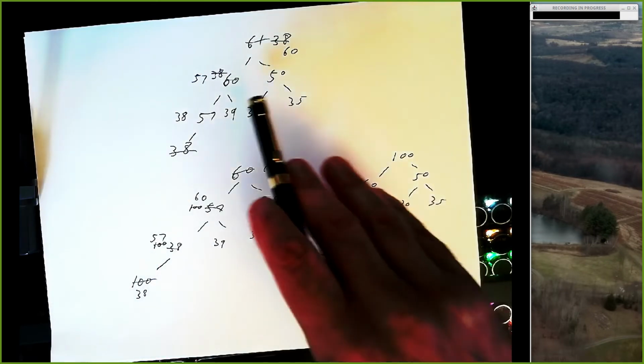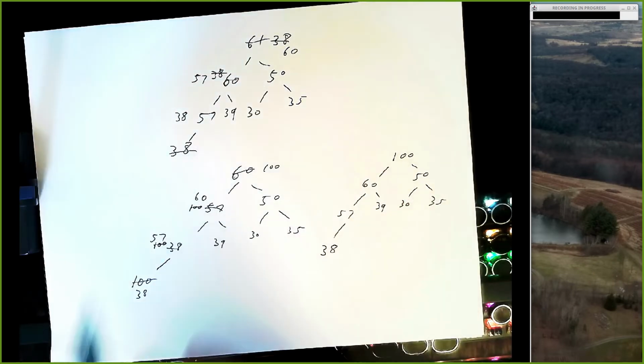So when I remove the 61, what do I have to do? I was thinking it could be a log n operation. Yeah, it actually is exactly log n.